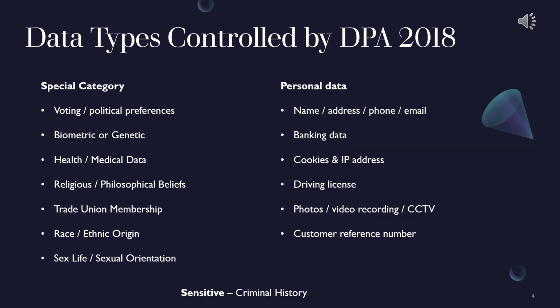On this slide, you will see that there are three types of personal data: special category data, personal data, and criminal history data. The ICO are very clear about the data which falls into the special category. This data includes religious or philosophical beliefs, race and ethnic origin data, and also covers health and medical data.